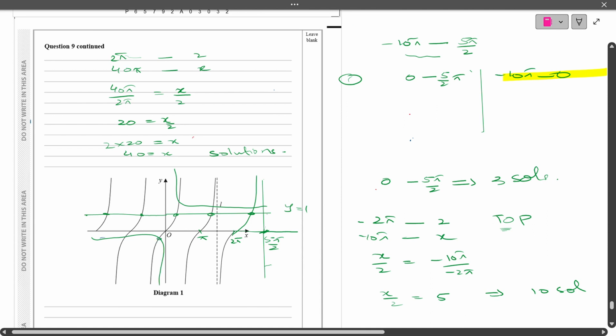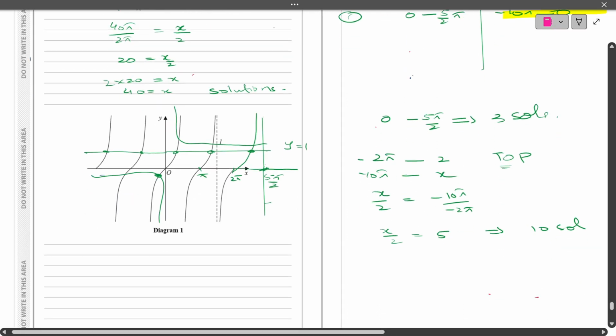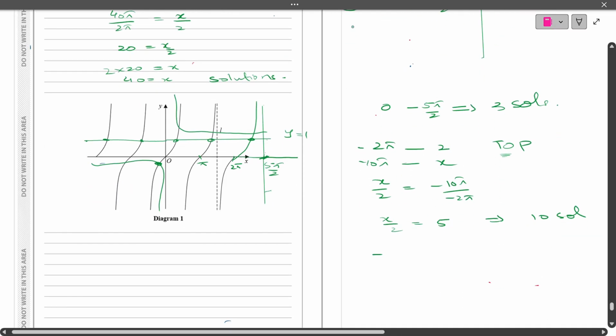So this one solution is at the bottom, all right? So altogether from negative 10 pi to 0, I have 10 plus 1, 11 solutions, right?